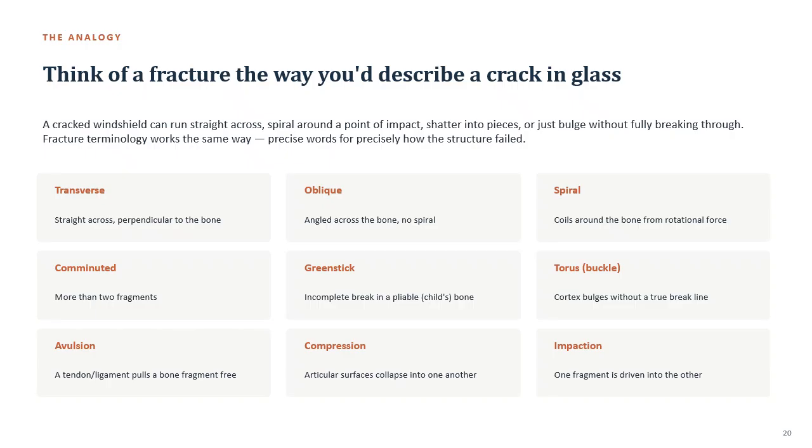A compression fracture occurs when the bone collapses under pressure. If we think about the spine, that's when we see the vertebral body shorten, not as tall as the rest of the vertebral bodies. In an impacted fracture, one fragment is driven down into another. In my opinion, that one's kind of similar to a compression fracture.